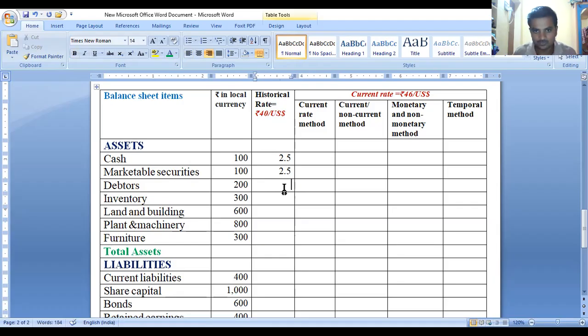It comes to 5. 300 is 7.5. 600 is 15. 800, what is the item? Plant and machinery, that is 20. 300 means 7.5.